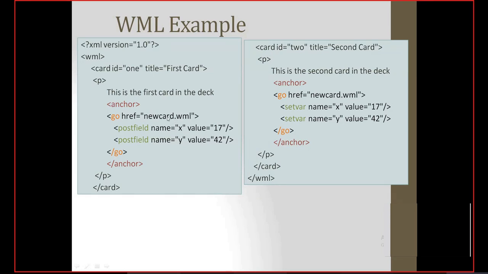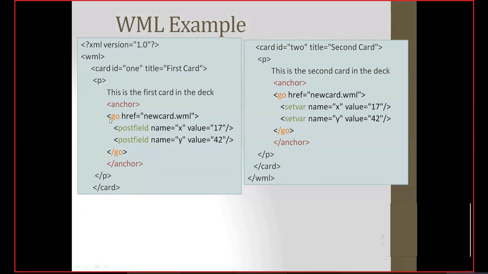Okay, so the name of that document you can see is newcard.wml, where we have to send the information, right? And since we are going to access a WML, or we are trying to target a WML page, we are using the go tag, as I told. So whenever we have to navigate to a WML page, we use the go tag.